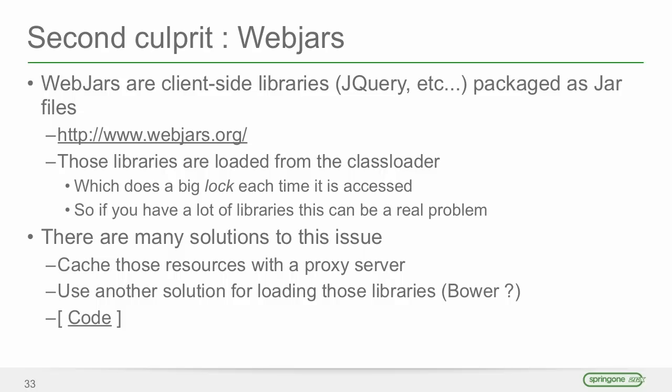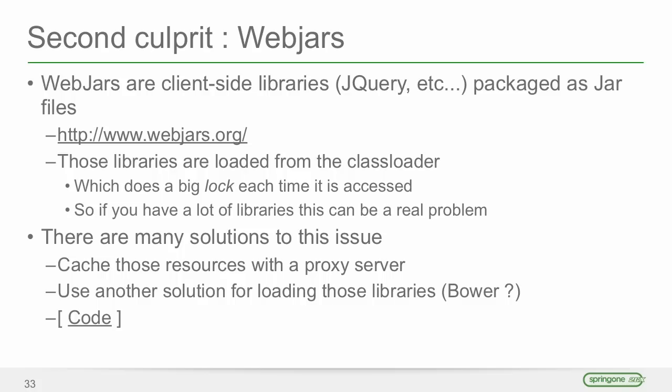So it's a very good idea, in my opinion. Of course, you've got transitive dependencies, because it's Maven. There's only one issue: your JavaScript libraries are in a jar file, and when you want to load a library from a jar file, there's a lock. There's a synchronized in it.